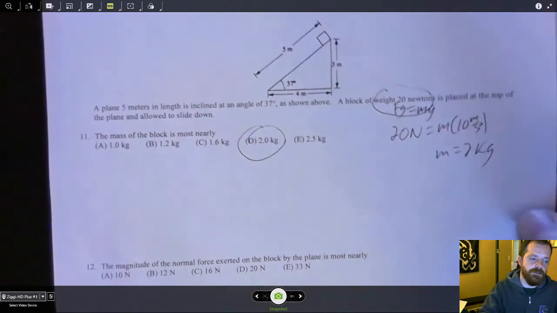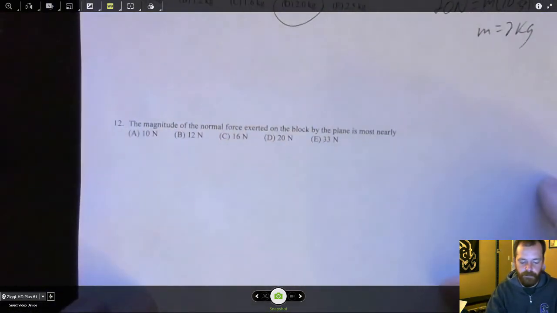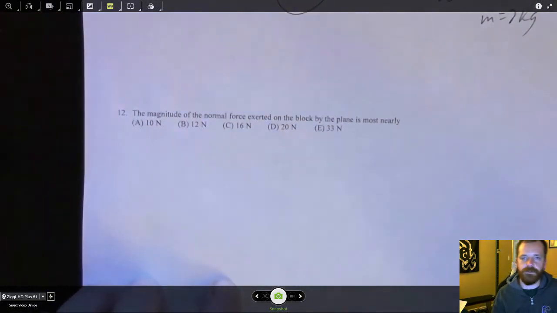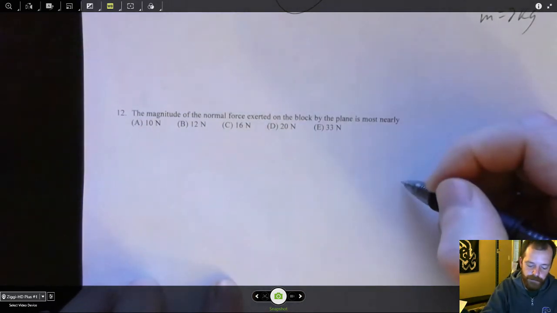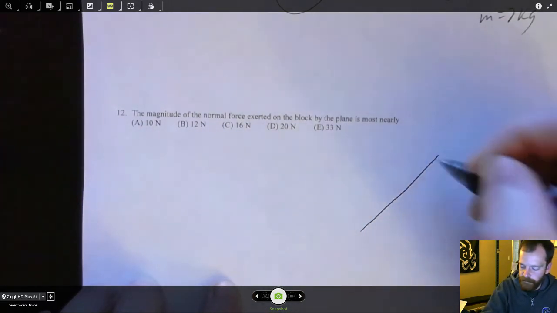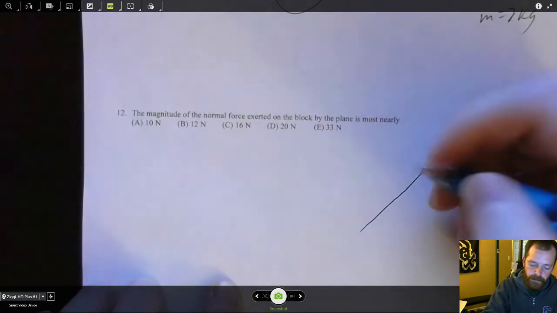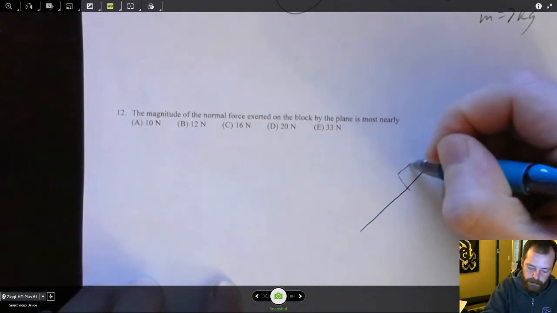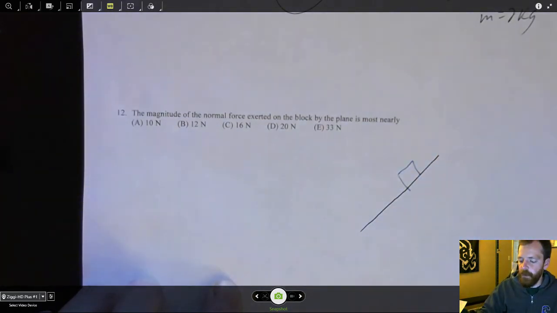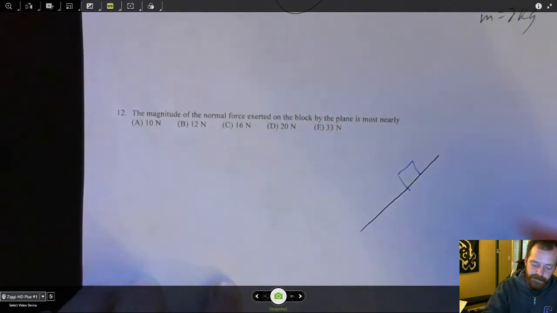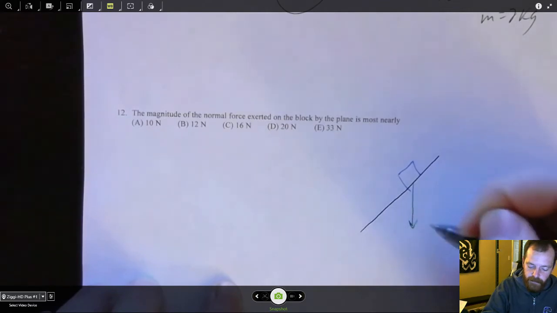Okay. So to find the normal force, all we have to understand about the normal force is, if we look at the free body diagram, let's draw that. The block. Once again, we know that the weight is just going to pull straight down. The weight is pulling straight down.